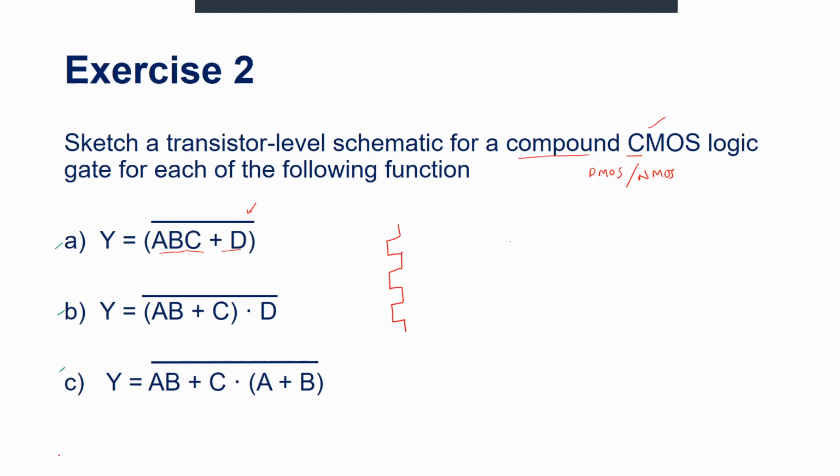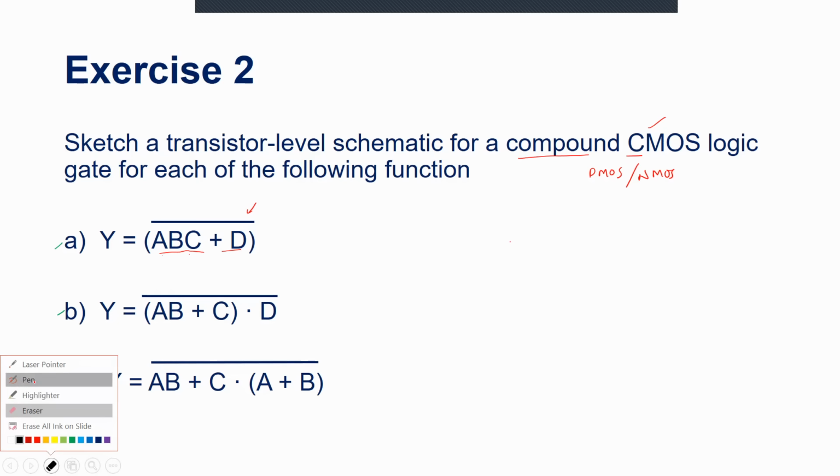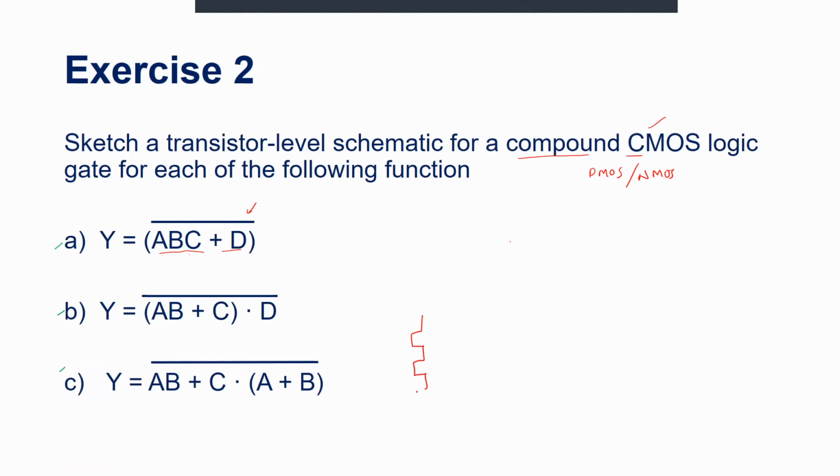Let me draw it a little lower. So I have A, B, and C, and there is an ORing of D with this AND network.